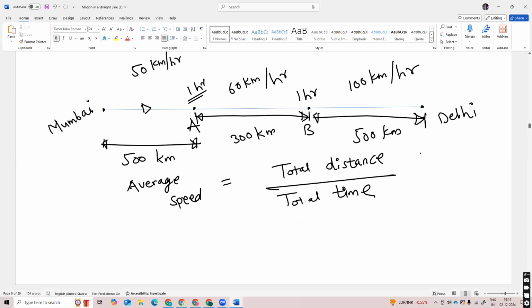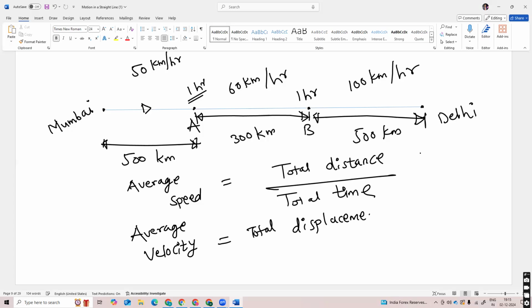Similarly, if someone asks you to find average velocity, as you know, in velocity you only consider the shortest distance. So this is basically the total displacement upon total time.